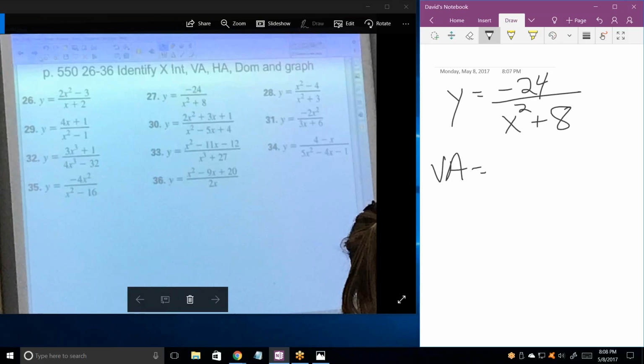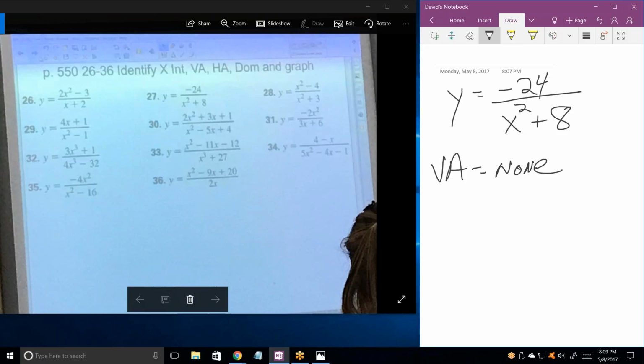Nope. Notice one thing about the denominator. That's always a positive number. I'm adding a positive number to that. Can that ever be 0? No, it can't. So, there is none.